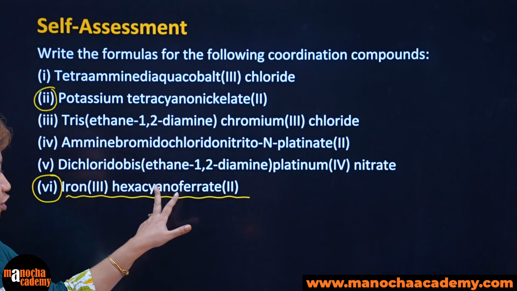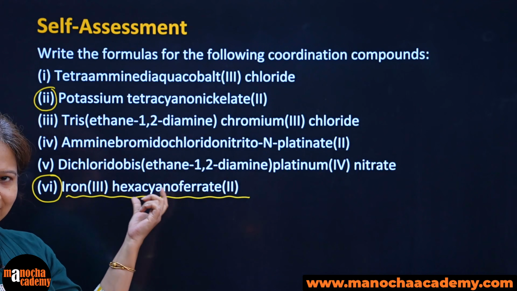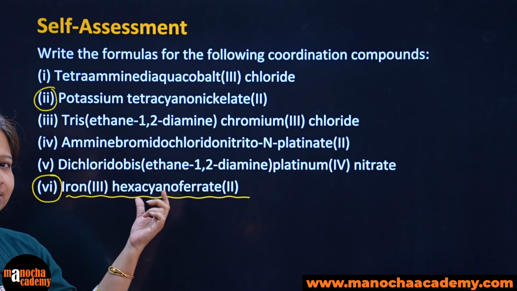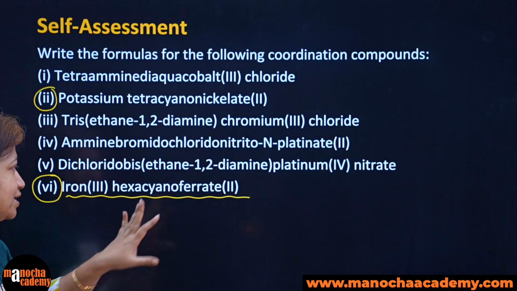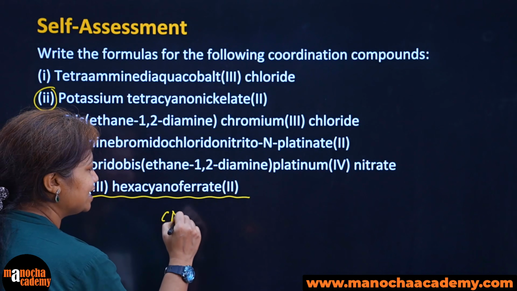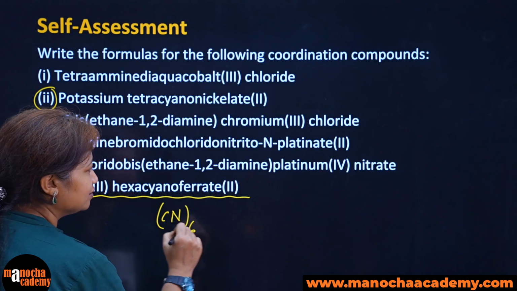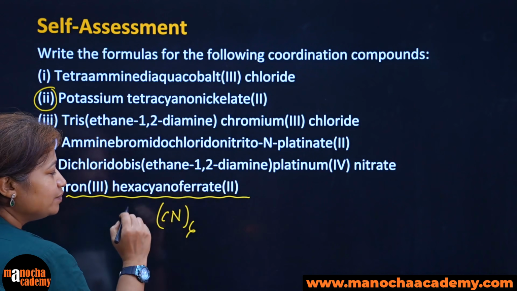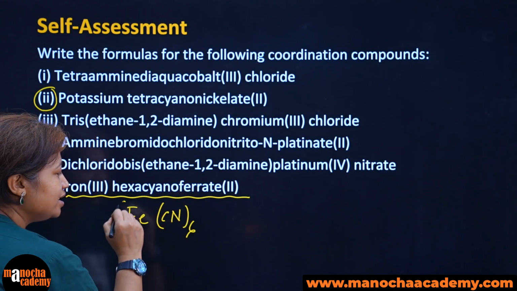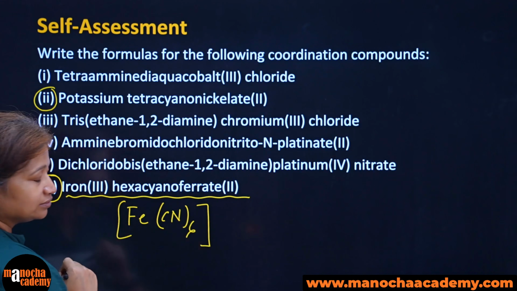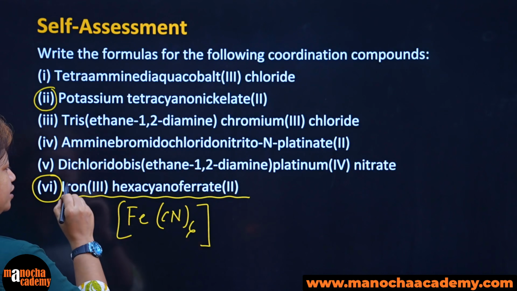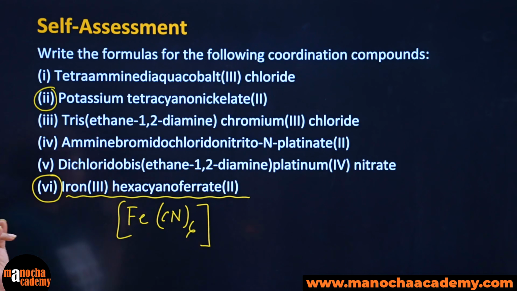See, hexacyano. Nowadays the name cyano is not accepted, though the question might still use it a bit later. It should be cyanido. So hexacyanido means it is CN6 obviously. And after that, ferrate written means Fe has to be in the anionic part. Now here, why Fe 3 is mentioned, I'll let you know.